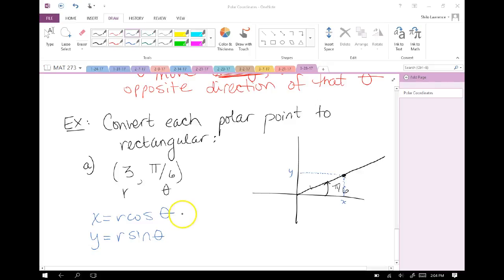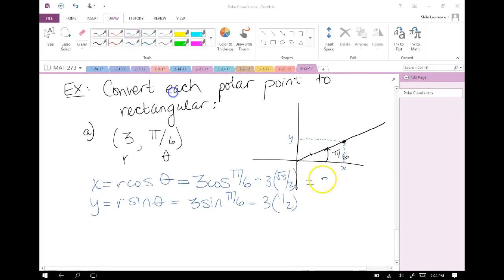Cosine of pi over 6 was? Square root of 3 over 2. Mm-hmm. And sine is 1/2. So we get 3 radical 3 over 2 and 3 over 2.